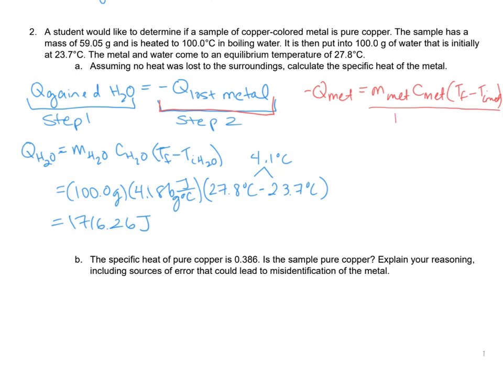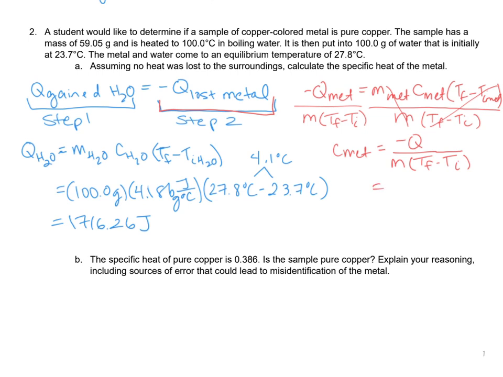So I will divide both sides by m and the change in temperature so that I can solve just for the specific heat. But that is not required if you don't like to rearrange. So the specific heat is equal to the negative Q over the mass of the metal times the change in temperature of the metal.